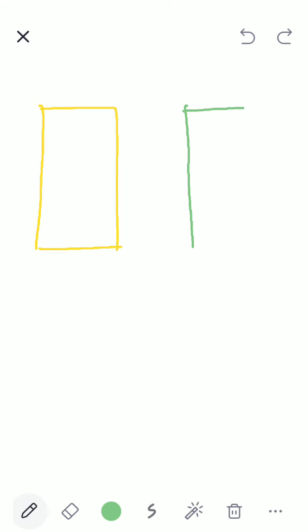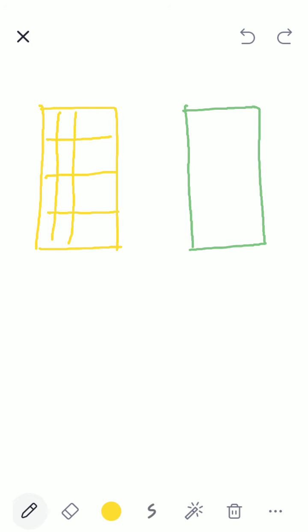Now I have the same chocolate, similar. Now the yellow chocolate, how many pieces?